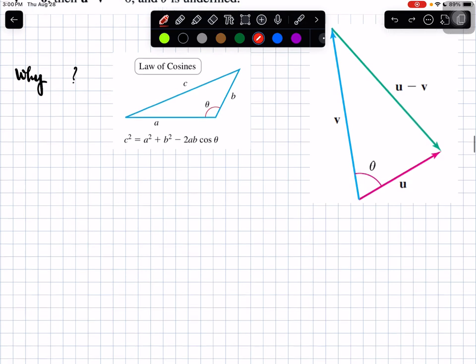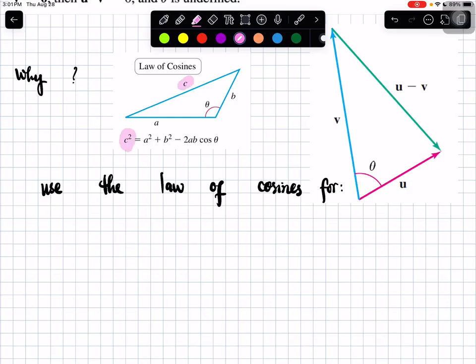Using the law of cosines for this triangle, c is the length of this vector u minus v.